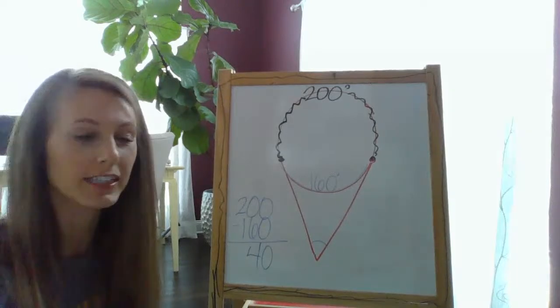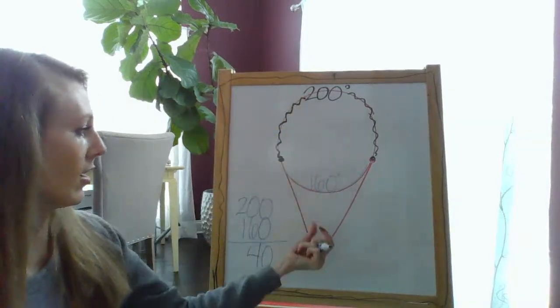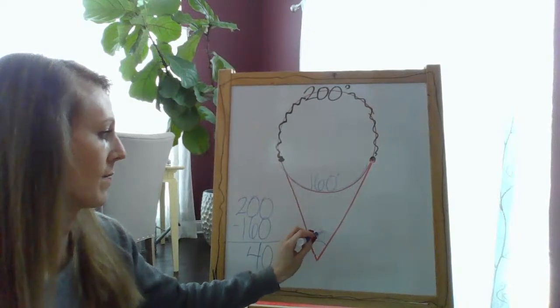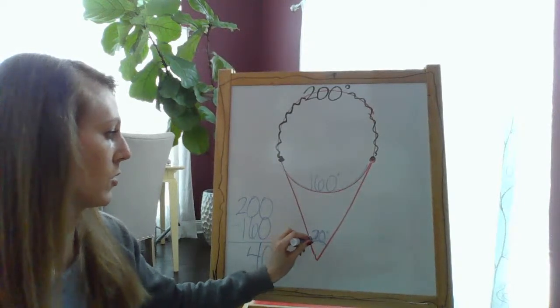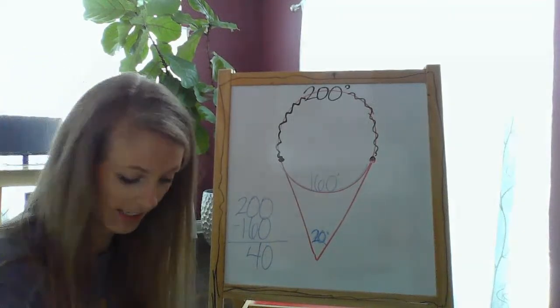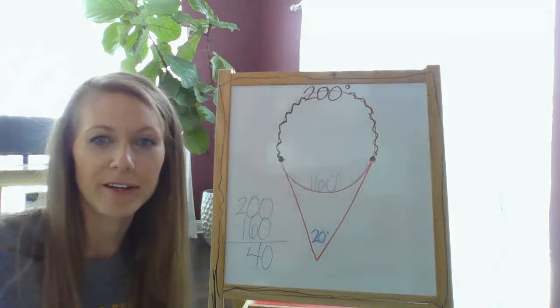So 40 is the difference. And then to get all the way to this angle, we take half of that. So our angle is going to be 20 degrees all the way out here. That is the rule that we're looking at for that one.